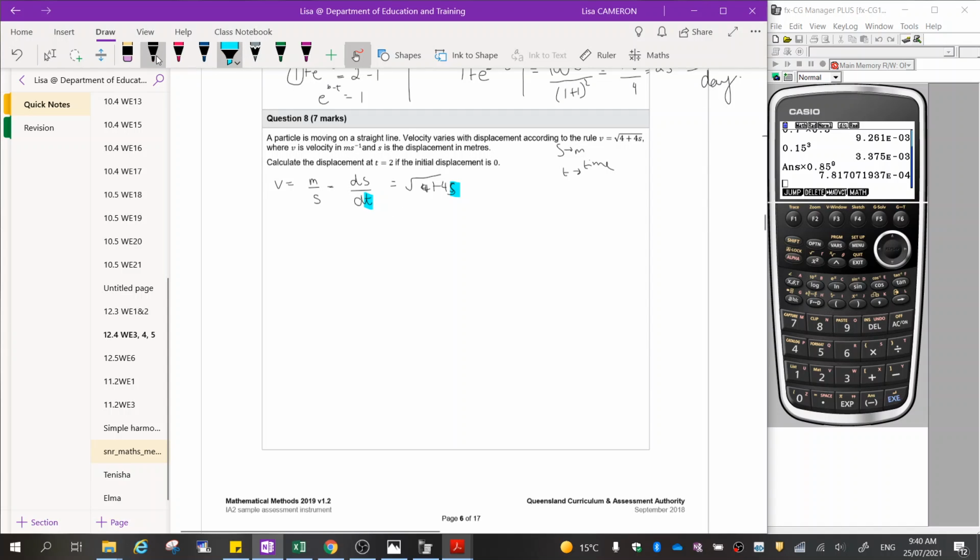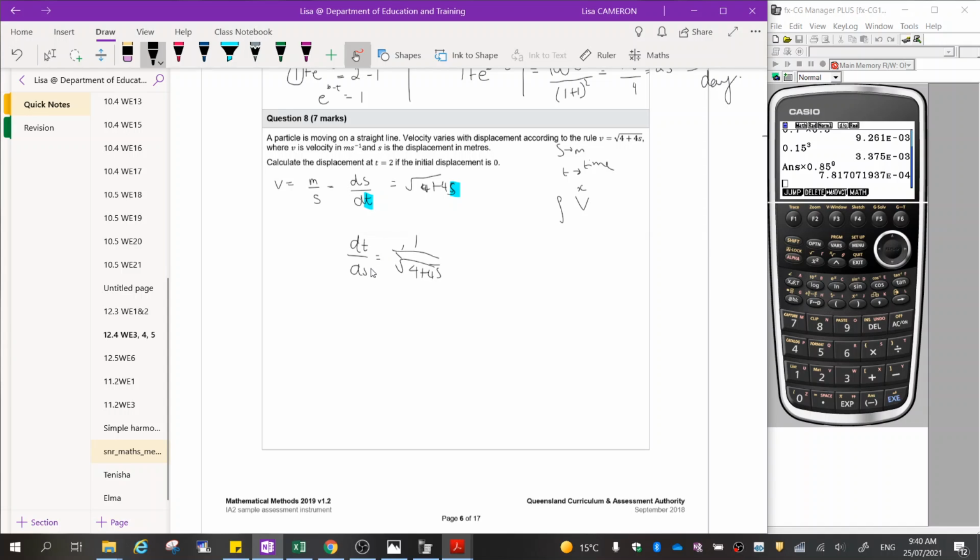That's your first tricky trick, because that means that normally I would have to integrate to get back to the position, but I can't integrate that until I've got it in terms of the thing that I want to integrate with. So we're going to flip this. dt over ds is equal to 1 over the square root of 4 plus 4s.